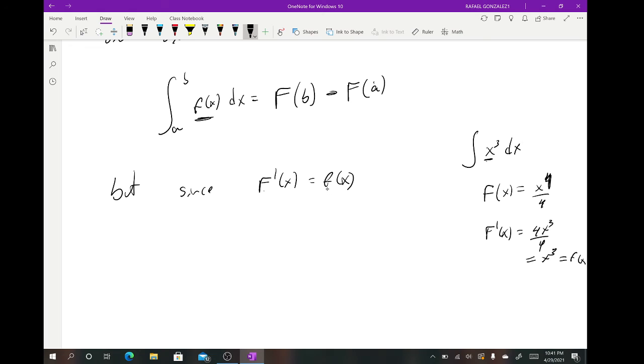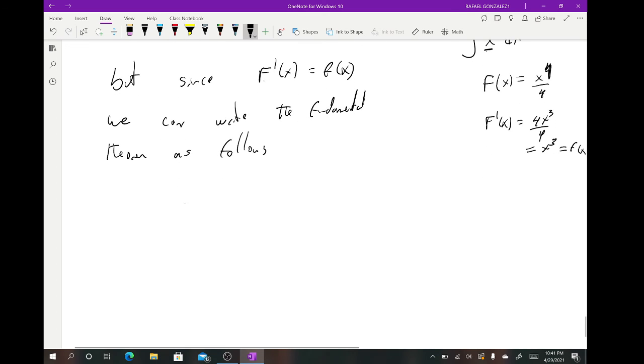So that's what I'm saying. Since F prime of x is equal to little f of x, we can write the fundamental theorem as follows. We can write it as the integral from a to b of F prime of x dx, and that is equal to, again, F of b minus F of a.